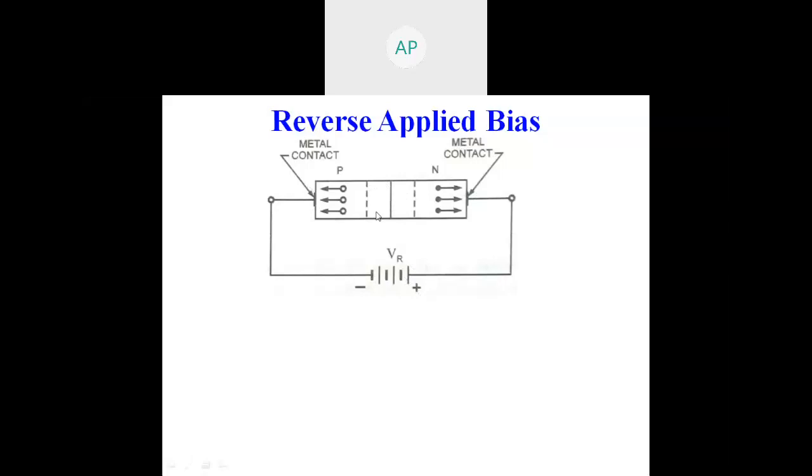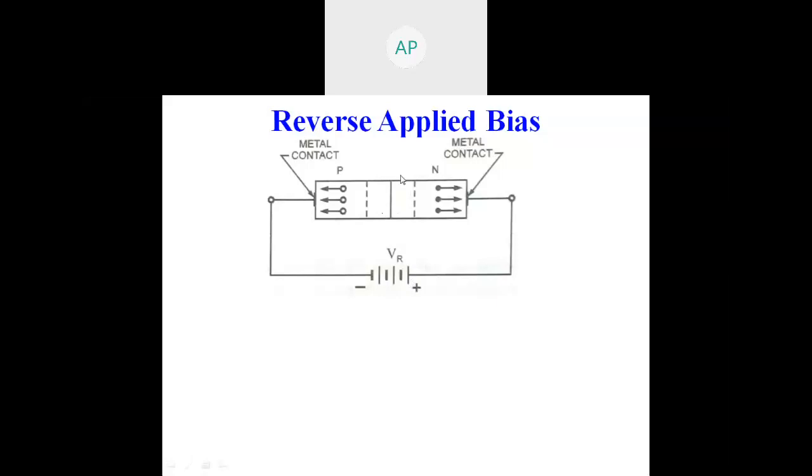reverse applied voltage. As the barrier is more, the barrier potential will definitely be more. The barrier potential will break when the reverse voltage is greater than this barrier potential. Here the positive ions are accumulated near the junction in the N region, and the negative ions are accumulated near the junction in the P region.